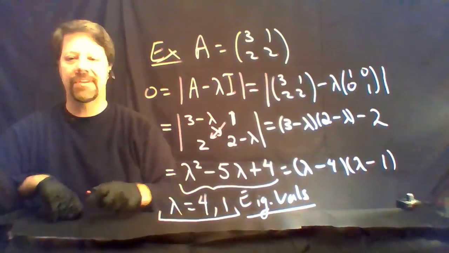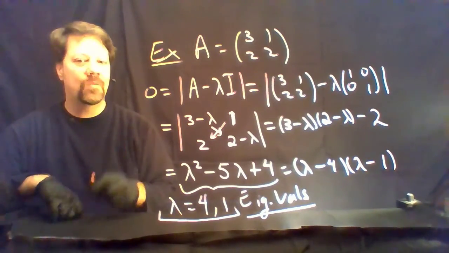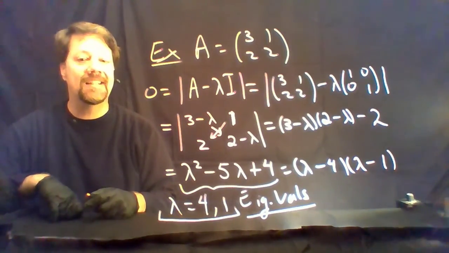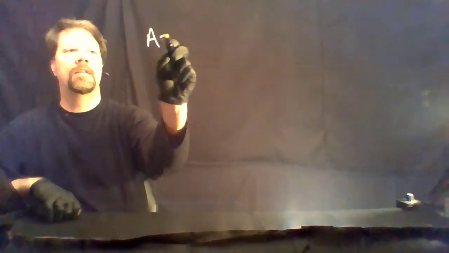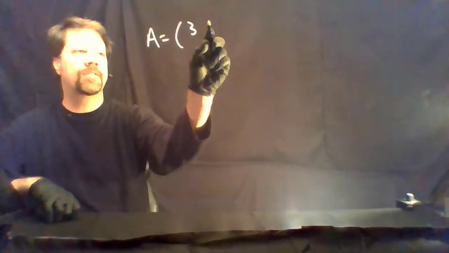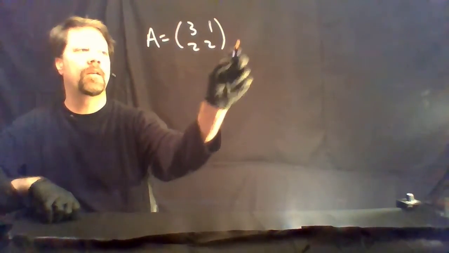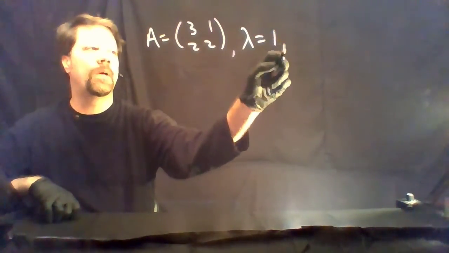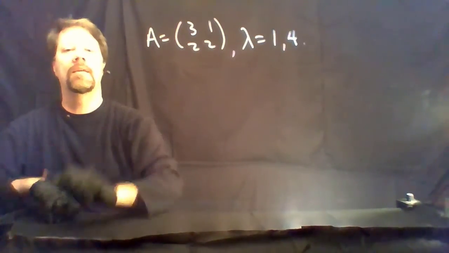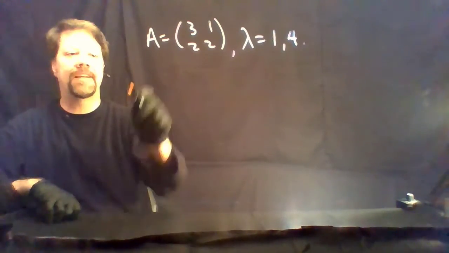of this matrix A. We also need to find the eigenvectors. So for the matrix 3, 1, 2, 2, we found eigenvalues 1 and 4. We need also to find the eigenvectors.